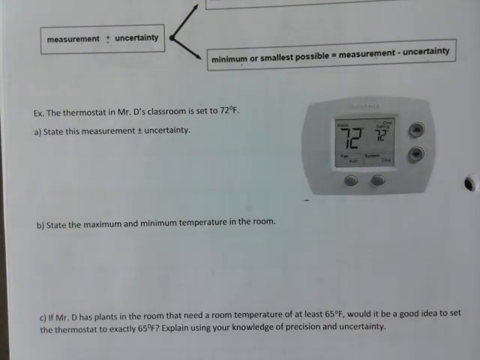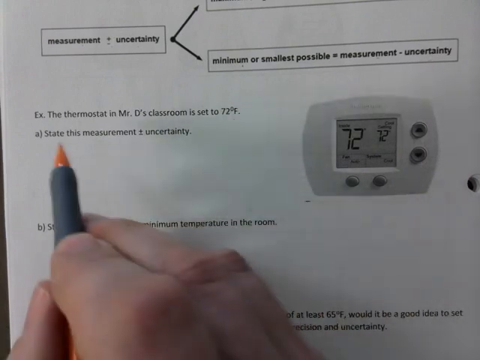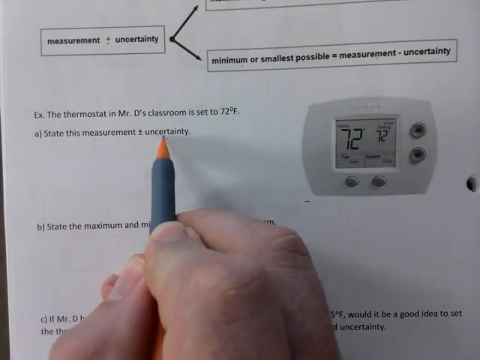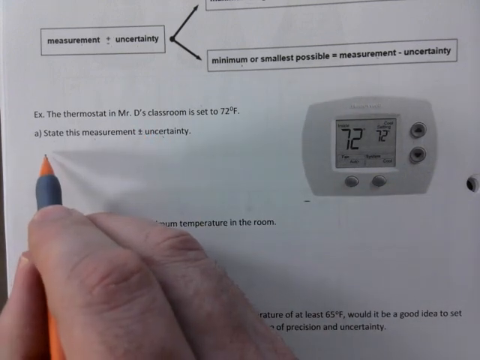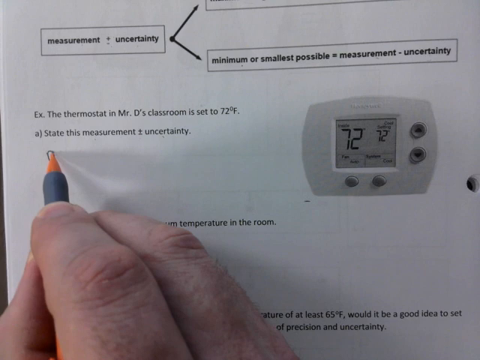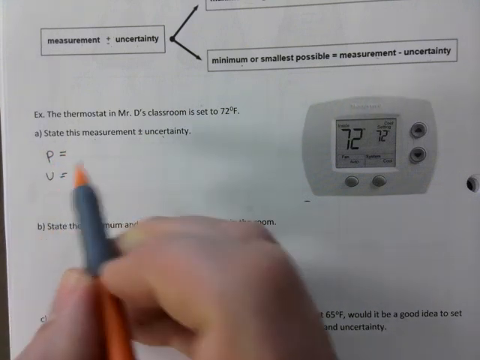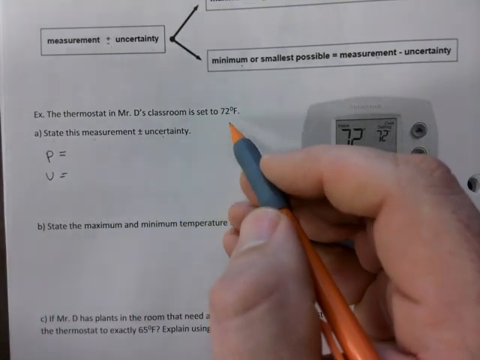All right, so let's figure this out. The thermostat in Mr. D's classroom is set to 72 degrees Fahrenheit. State this measurement plus or minus its uncertainty. Okay? So what we need to find is the precision and then the uncertainty, and then we'll be able to answer this question. Okay? What's the precision?